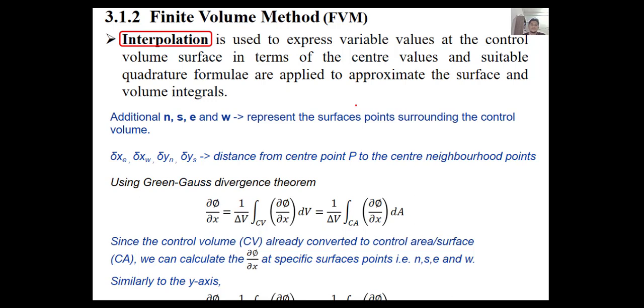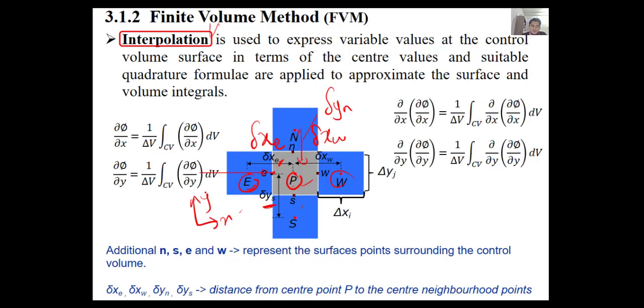So the addition of n, s, e, w and the distances delta x e, delta x w, delta y n, and delta y s can be included in the Green-Gauss divergence theorem. Before we can directly use the Green-Gauss divergence theorem, we have to simplify the equation first. Remember, we only have x direction and y direction here for the first order, and we have control volume only.